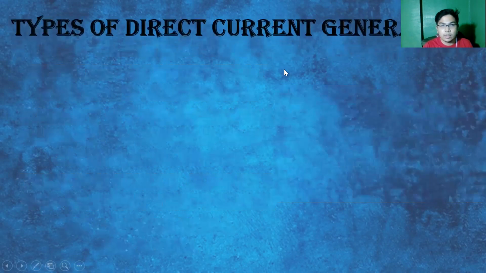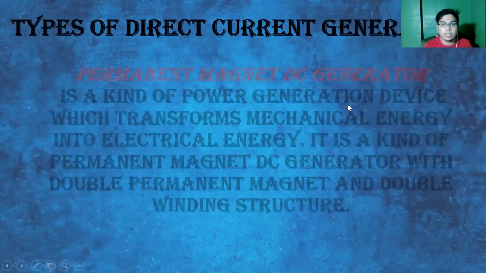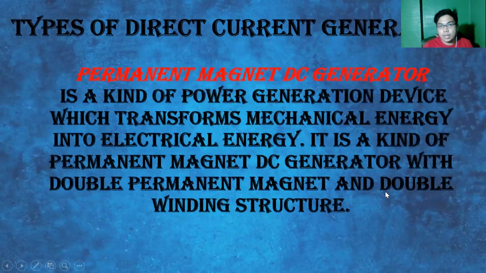Next, ito na yung types of direct current generators. First is the permanent magnet DC generator. It's a kind of power generation device which transforms mechanical energy into electrical energy. It's a kind of permanent magnet DC generator with double permanent magnet and double winding structure.